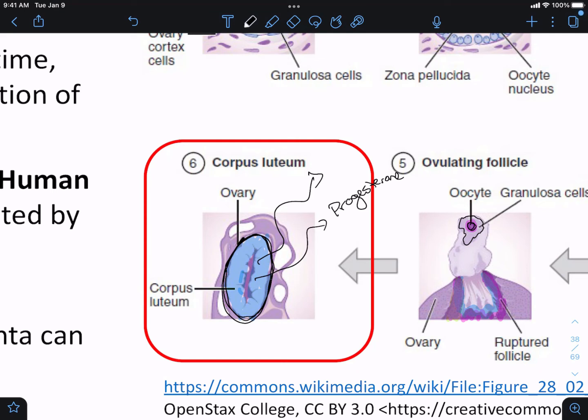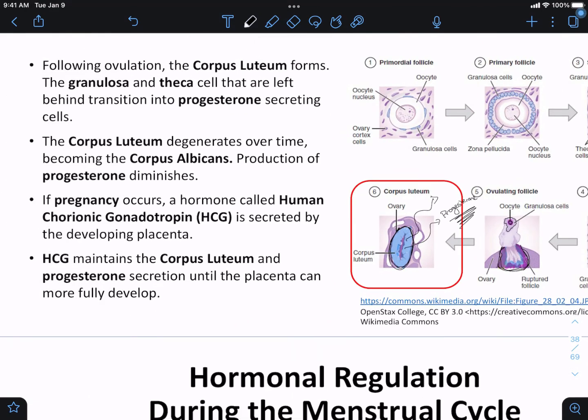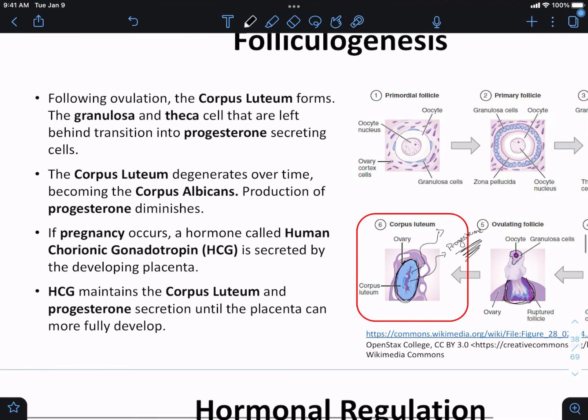And as this corpus luteum matures, it essentially starts from the moment we get this rupture. It begins this maturation process. It enlarges, it matures. The levels of progesterone increase. It will continue to produce progesterone for a little bit, but then it will begin to degenerate and become what is known as the corpus albicans.